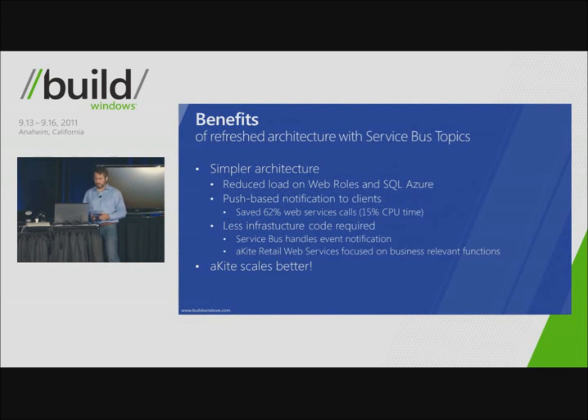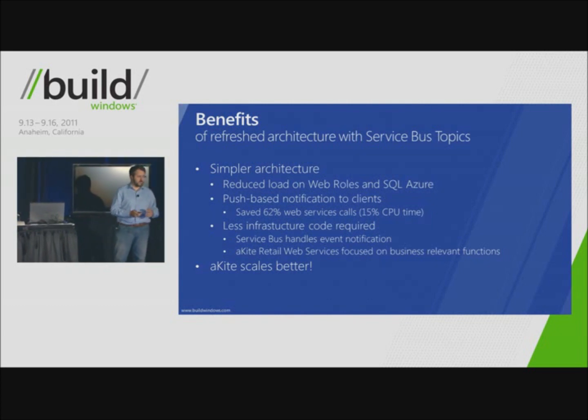So the change we applied to this scenario really simplified the architecture. As we do not have to intensively poll a web service for updates, we heavily reduced the load on web roles as well as on SQL Azure. We saved about 60% of the web service calls.